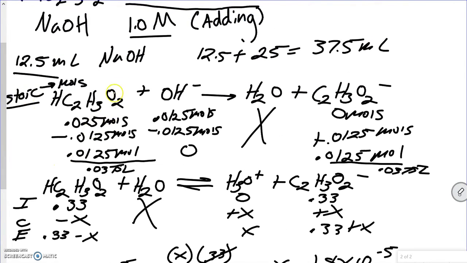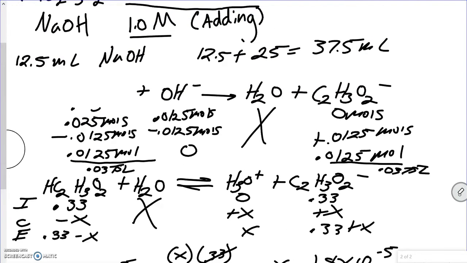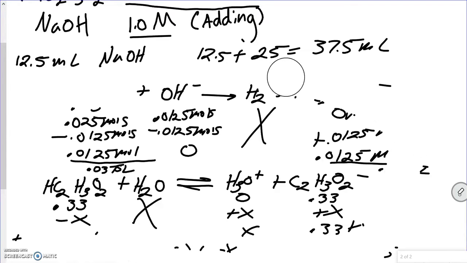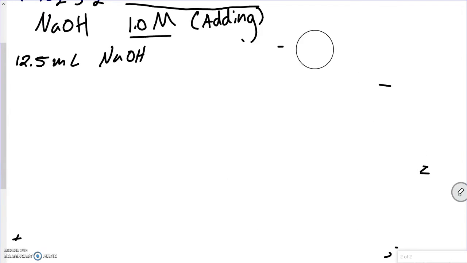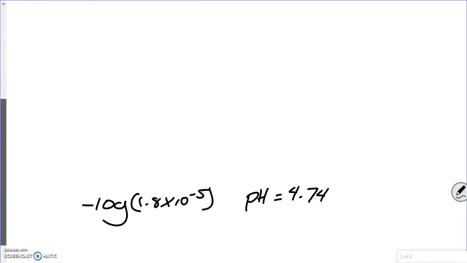So let's look at the equivalence point. Now, what is the equivalence point? The equivalence point is when the moles of the acid equal the moles of the base. So again, we could do the math to figure it out. Okay, hold on, let me clear off the board. There we go.